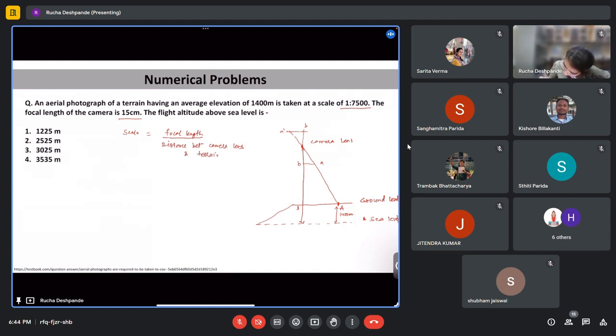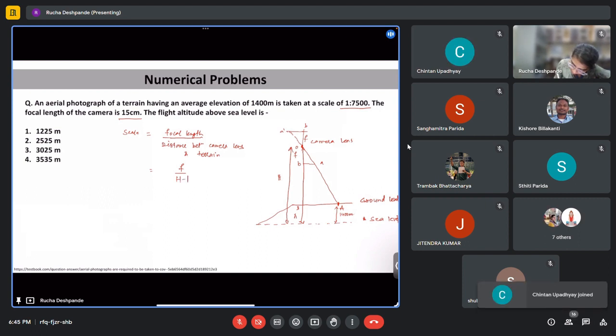So if I call this as small h and this as capital H, then my scale would be given as f, focal length, f by capital H minus small h. So this is the distance OB, which is the distance between camera lens and the terrain. So we need to find that distance in order to be able to find flight altitude above the sea level.